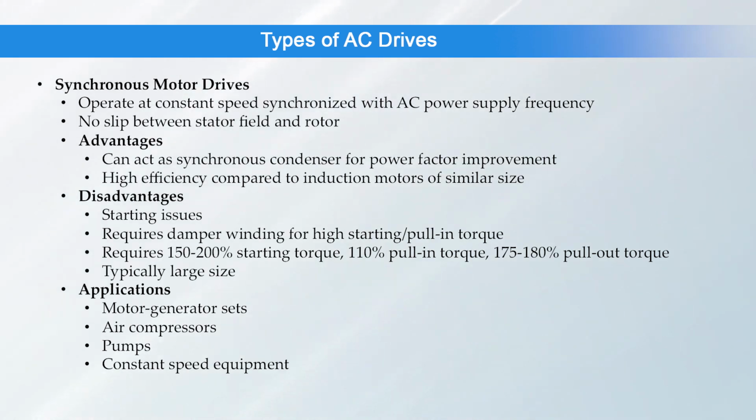Unlike induction motors, there is no slip between the stator field and the rotor. Whereas if we see here, the synchronous motor drives have the ability to work as a synchronous condenser for power factor improvement with better power factor at low speeds. The efficiency is higher than that of an induction motor of comparable size.